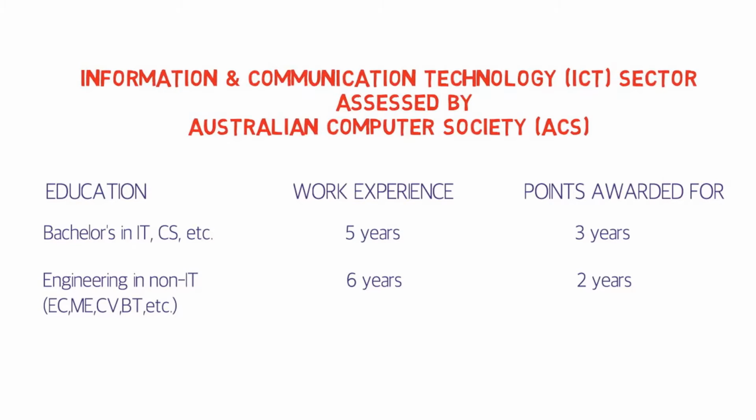So guys, please take a note of it: in case you haven't studied IT and you are working in IT, 4 years will be deducted, so you should calculate your points accordingly. ACS says that they deduct to meet the Australian standards. I don't find any logic behind it, but this is how it is.